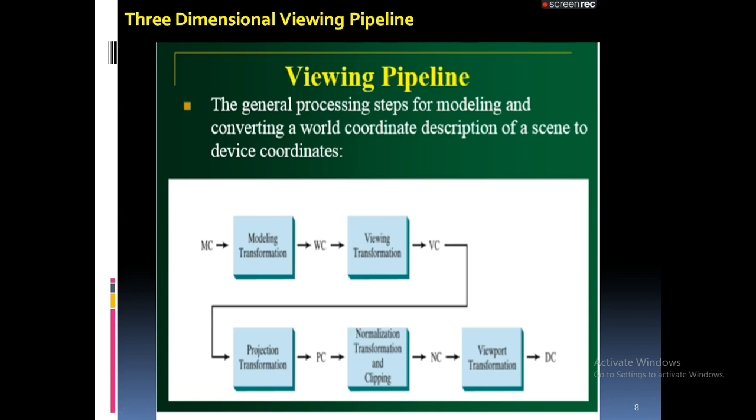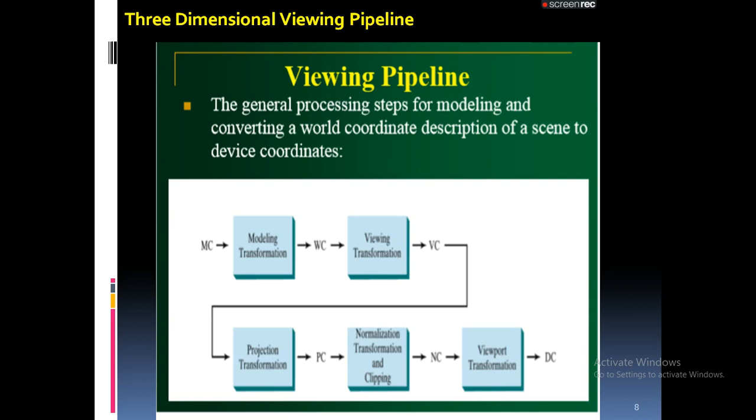Not only displaying, we are also discussing how to create a three-dimensional object by specifying its position in the world coordinates or the modeling coordinates, and finally we want to map this to the device coordinates.